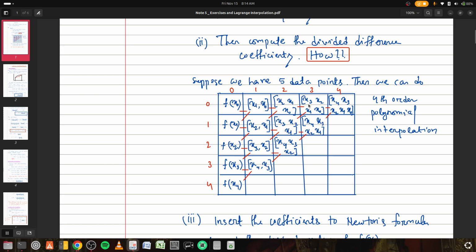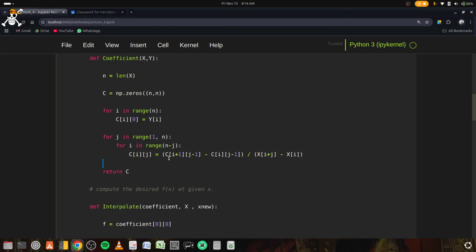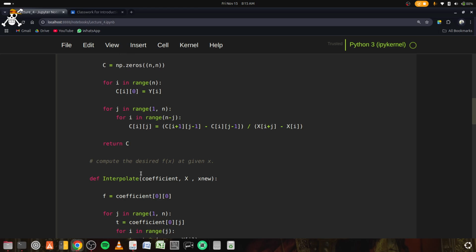Similarly, all the row values, all the elements are calculated like this. If you put the values of i and j here, you will understand what is happening. After finding all the elements of the coefficient matrix, it will return the coefficient matrix.